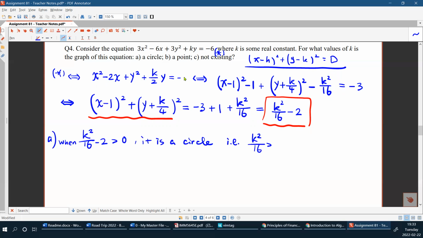Can you spot it? There is a typo there. Because when we divide 3 on both sides, -6/3 should be -2, right? Sorry for this. This is also -2, -2, and this should be -1. Can you follow me?